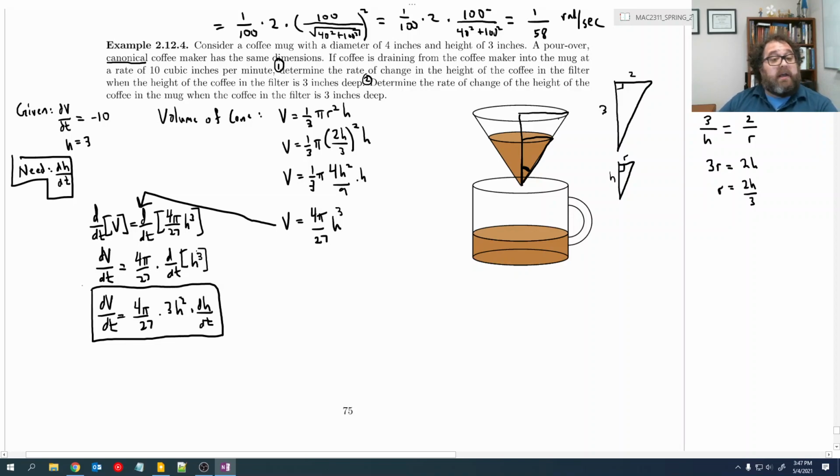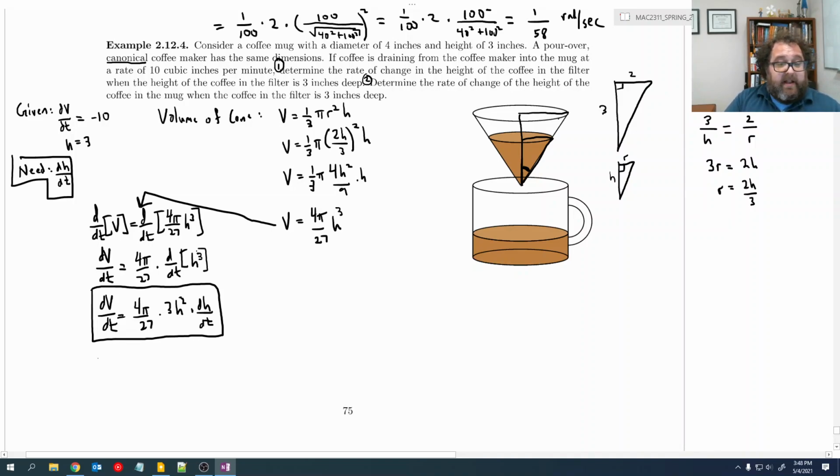And now we can plug in our knowns and solve for our unknowns. What do we know? We know h equals 3, because we're considering the exact moment when the height of the coffee is 3. And we know that the coffee is draining at 10 cubic inches per minute, so dv/dt is negative 10.